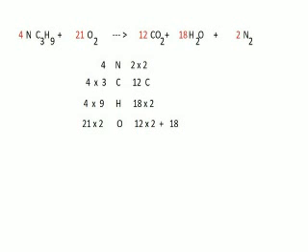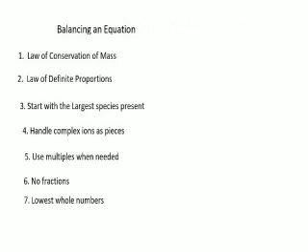And are we done? Well, not quite. There's one more thing we need to go back and check. And that is, we need to make sure that we've not only balanced everything, but we've used the lowest possible numbers to do it. We want to have the lowest whole number ratio of the elements.